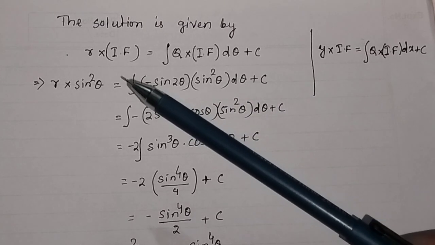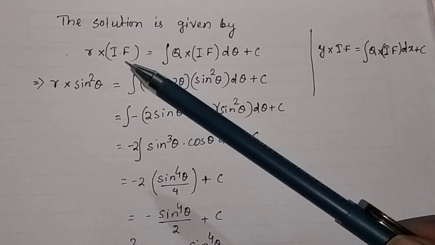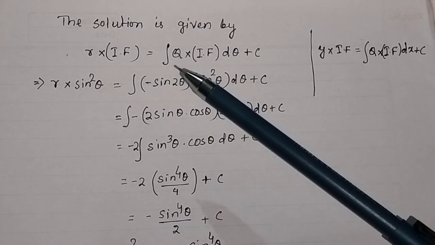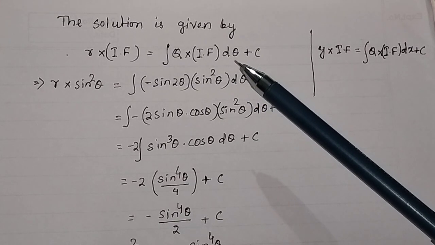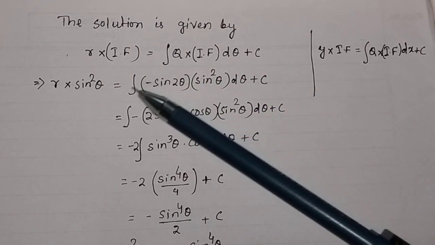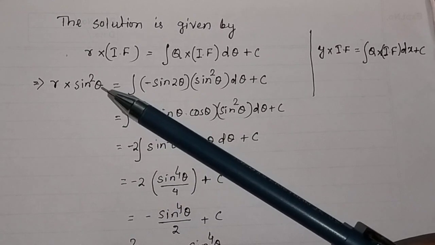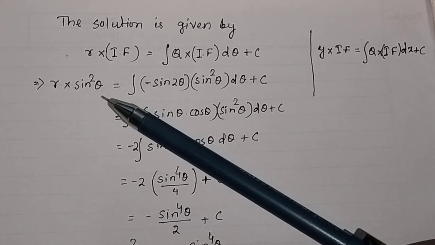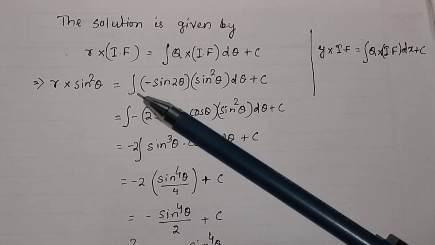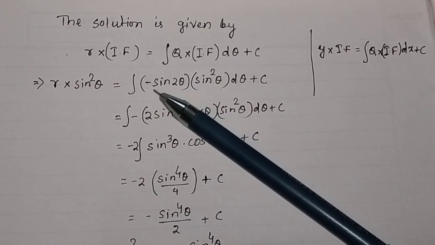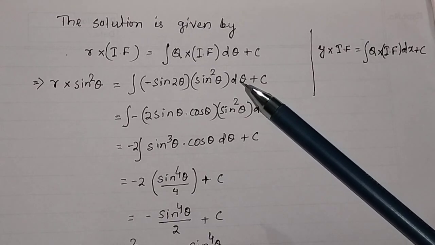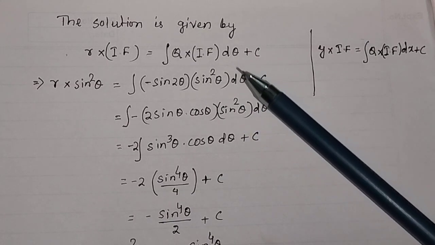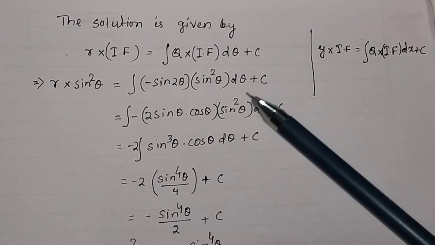So in terms of r and theta, we write r into integrating factor is equal to integration of q into integrating factor d theta plus c. So r into the integrating factor, we have found sin square theta, is equal to integration of q, we have found minus sin 2 theta, and the integrating factor sin square theta, d theta plus c.